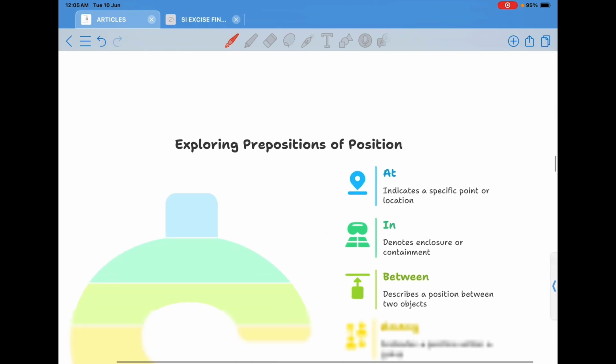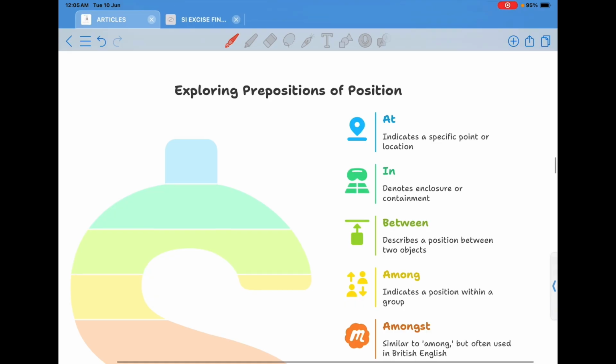Okay, next, now we'll talk about exploring preposition of position. Here also we'll see how to use this one. At. So at is used to indicate a specific point of location, as I mentioned above also.